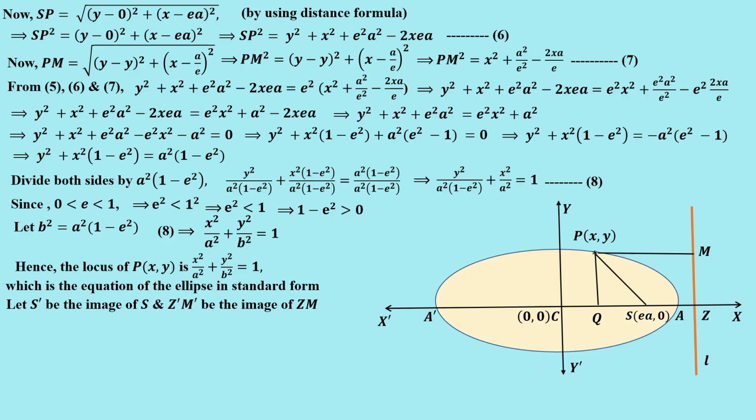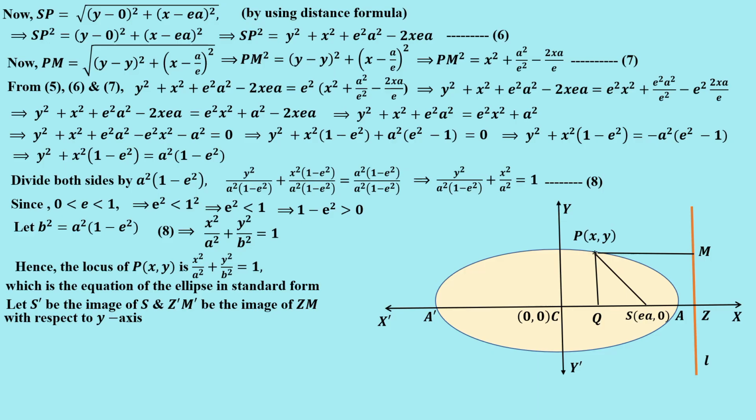Let S dash be the image of S and Z dash M dash be the image of ZM. So taking the same on the left hand side of the ellipse, same as the right hand side. So instead of Z we are taking Z dash, instead of A you are having A dash, right? Symmetric, right.